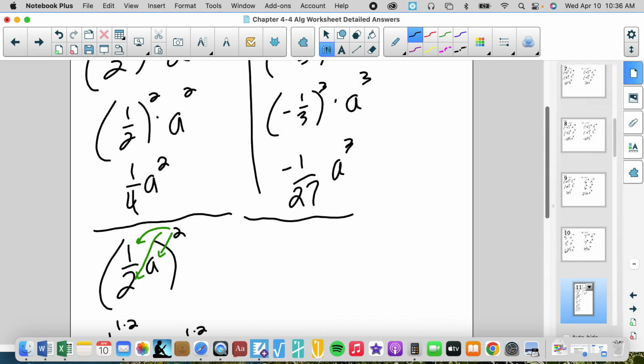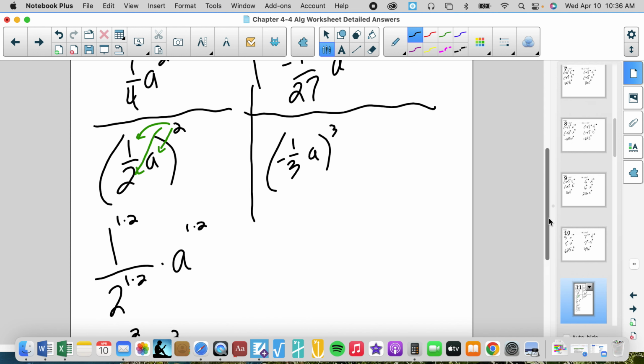Another way to do this problem, if you wanted, negative 1/3 a to the third. You can move that negative to somewhere. Are you going to move it to the numerator or denominator? You can't do both. So you can do negative 1 to the 1 times 3 over 3 to the 1 times 3 times a to the 1 times 3.